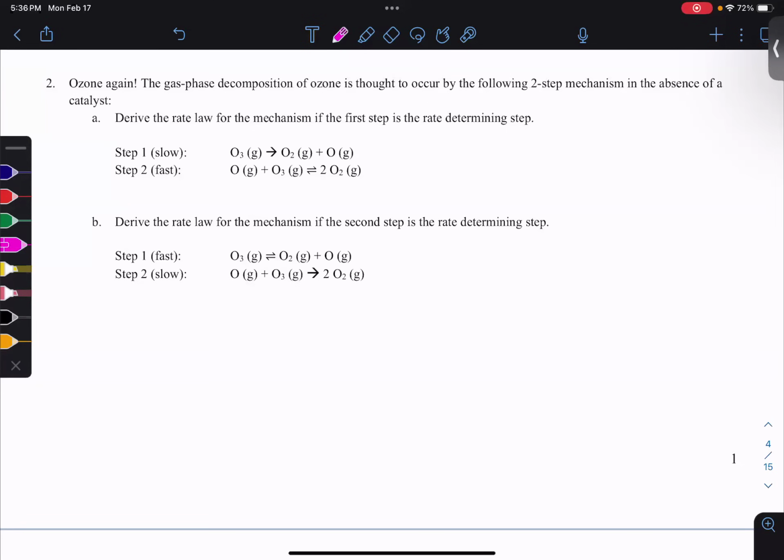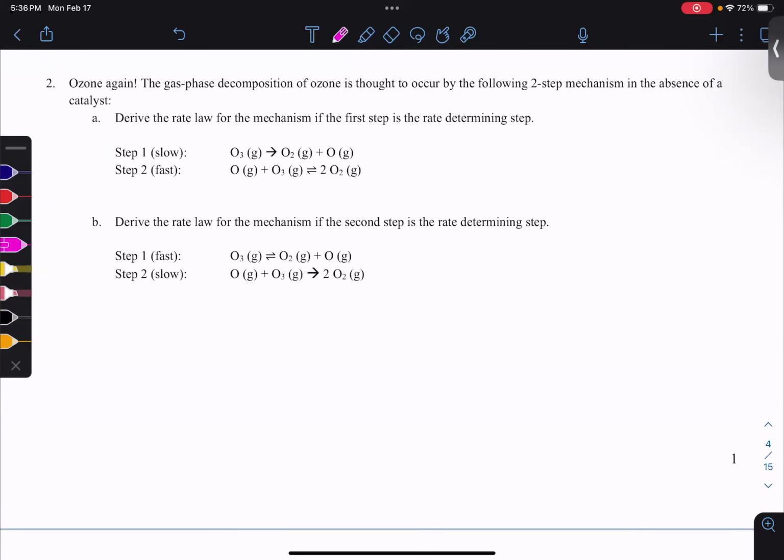I will point out that on exams, we will never ask you to write a mechanism from scratch. Typically what we do are things like this. We give you the steps. We tell you which one is slow or something, and then you give us the rate law. Or maybe we give you 3 steps, and you have to determine which is the slow step that matches a rate law.